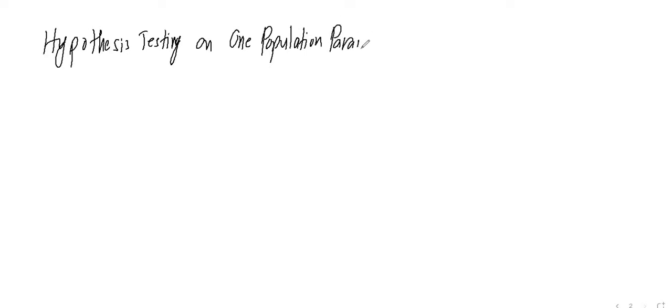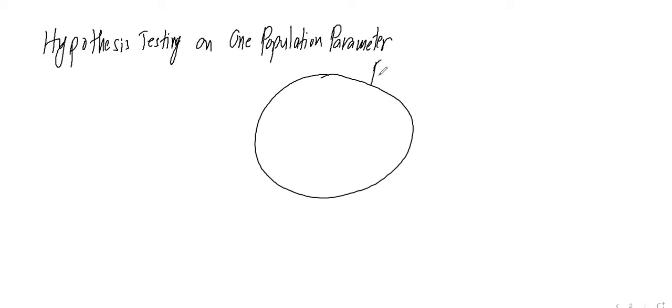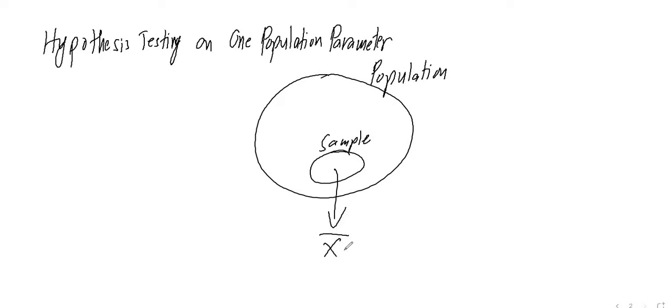Like what was said in the previous video, hypothesis testing on one population parameter mainly focuses on this: if this is our population, and from this population, this is the sample, then from the sample we will have the x bar as the sample mean, while for the population, we would have the mu.